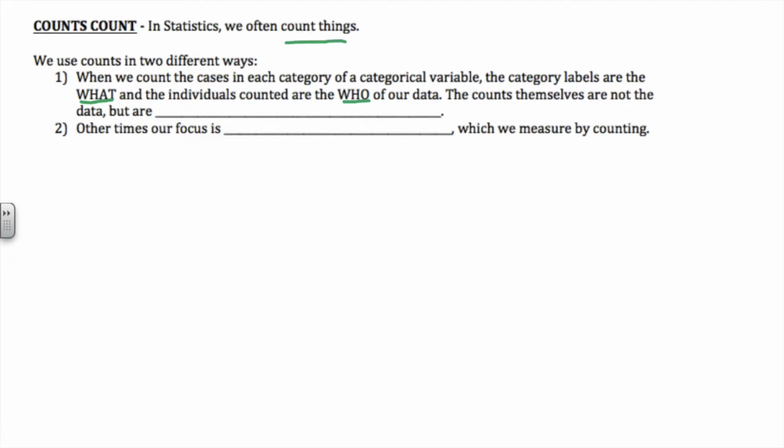The counts themselves are not the data, but something we summarize about the data. A lot of times we see the numbers and think that is the data. No, these are a way that we're describing the who and the what.